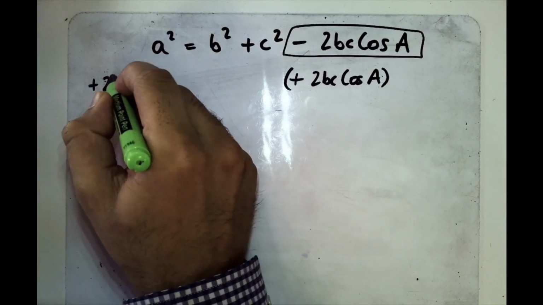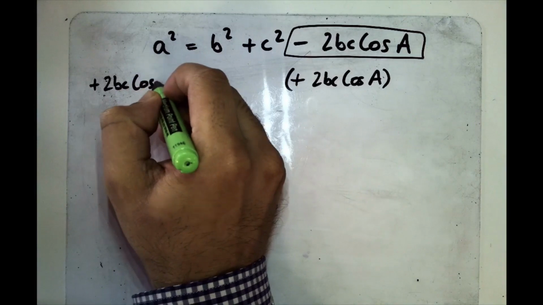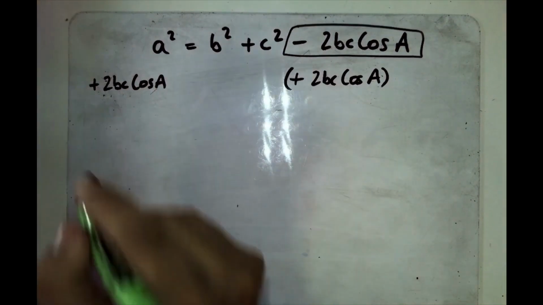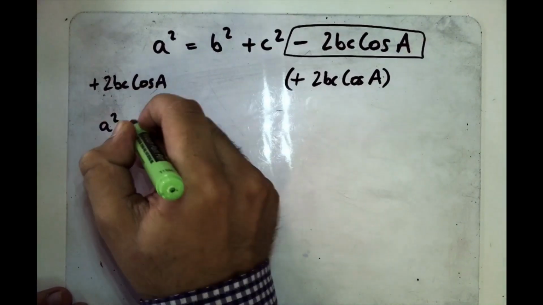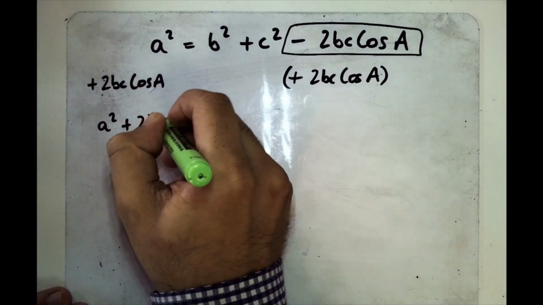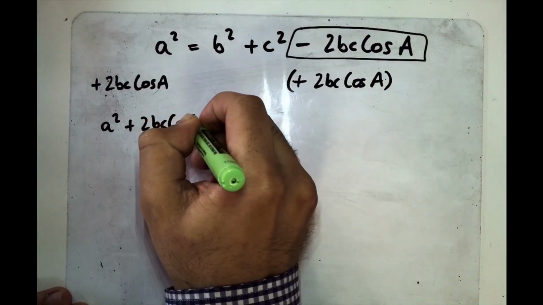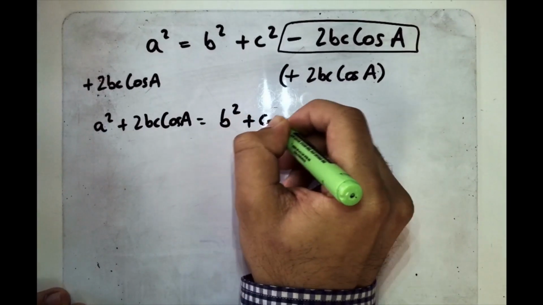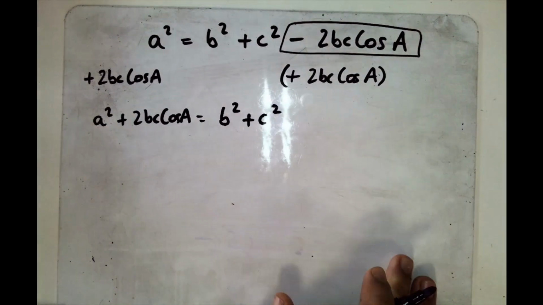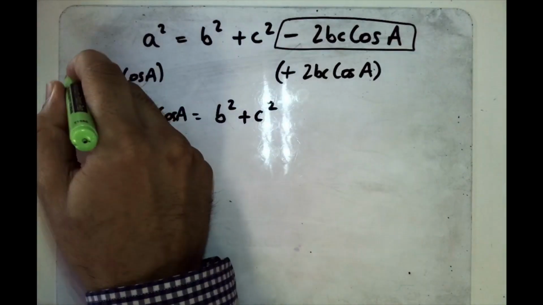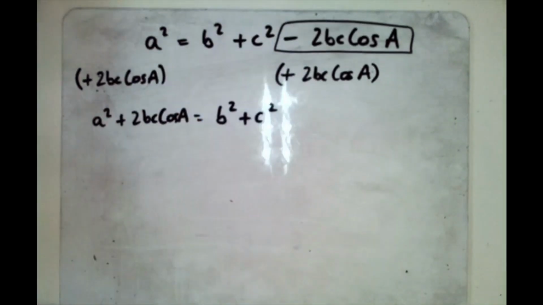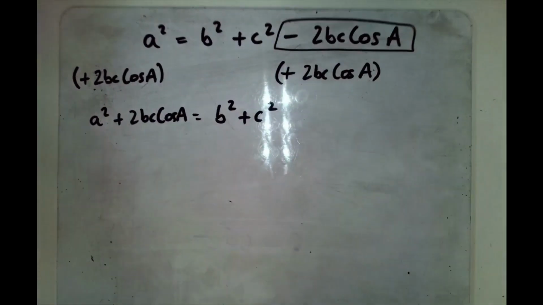So I'm going to add 2BC cos A to this side as well. And that will give me A squared plus 2BC cos A equals B squared plus C squared. So far, I've just moved this term over.